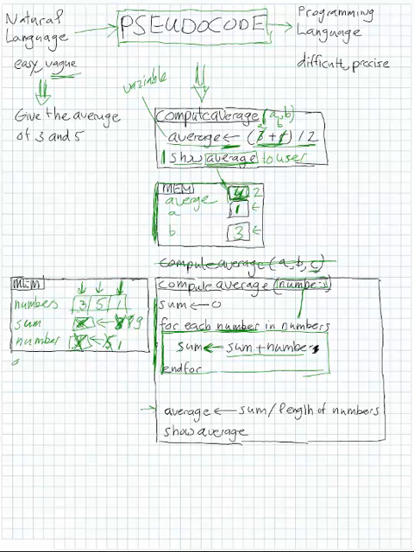So I get a new variable, average. The sum was 9, divided by the length of numbers, that's 3, so average gets its value 3. And finally, of course, we show the result to the user. We show average to the user, so we show 3 to the user. And that's the end of the algorithm.